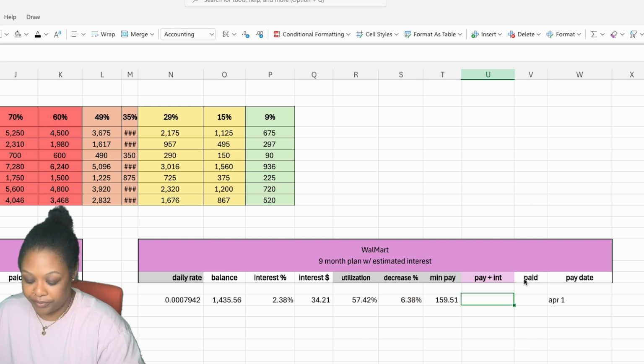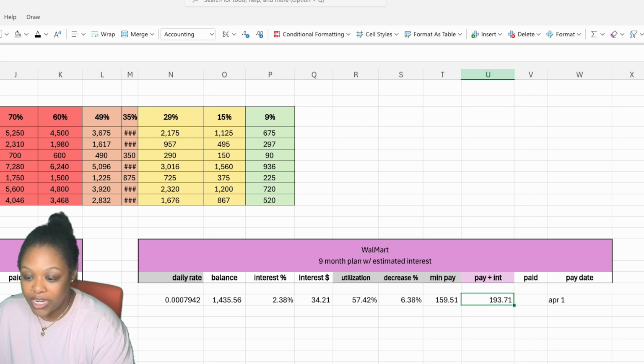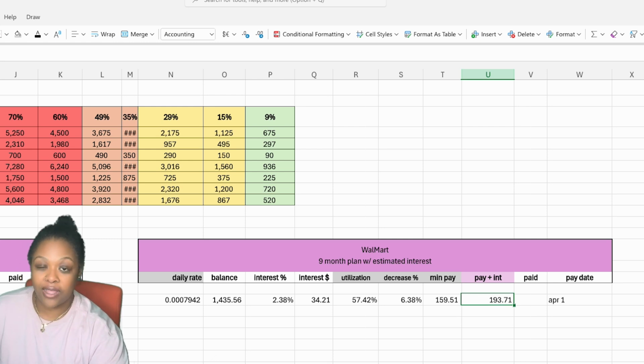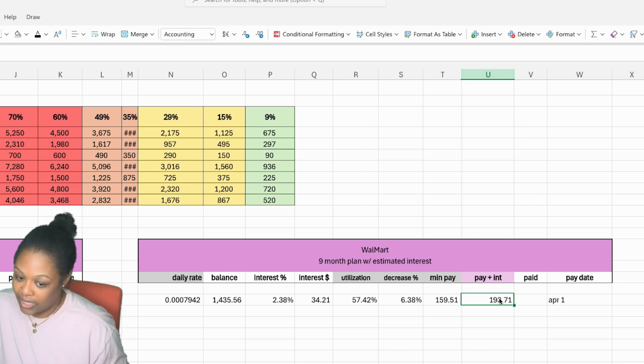But remember, we want it to stick. We said what we said. We said we wanted to make it $159 difference. So we're going to add the minimum payment plus the predicted interest. So I actually need to pay $193.71. Now, what I'm saying is these are getting a little unmanageable, the more you keep adding to it, right?